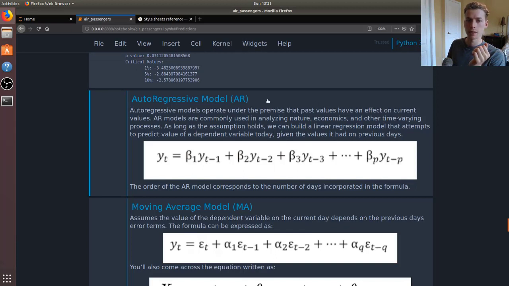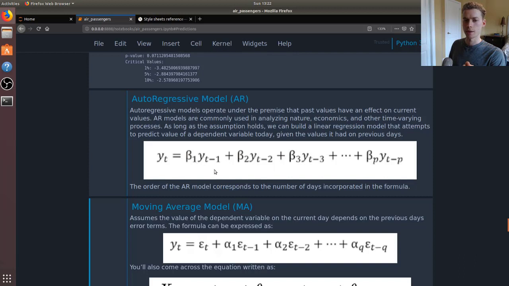So AR stands for AutoRegressive, and the AutoRegressive model operates on the assumption that the past values have an effect on the current values. And the way you set it up is, so Y_t would be the value today. So let's say we're looking at stock prices. The value of the stock today will be expressed as a linear combination of the values of previous days.